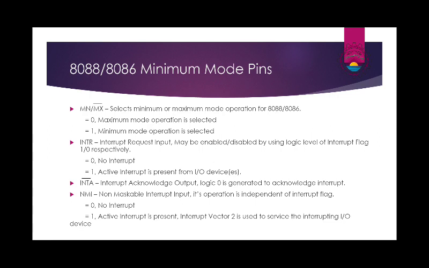When you have placed interrupt request pin in enable state, then whenever a logic 1 appears on INTR pin, that means an IO device or more than one IO devices have placed their interrupt signals on INTR pin. And if there is a logic 0 at interrupt request pin, that means no interrupt is present from IO devices.